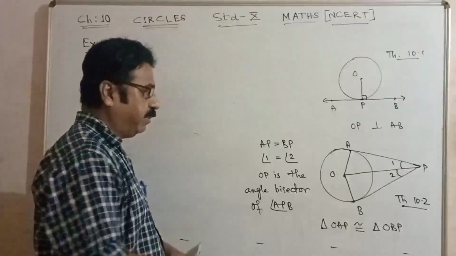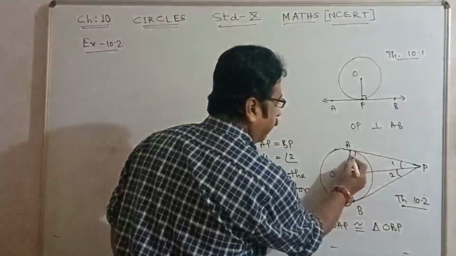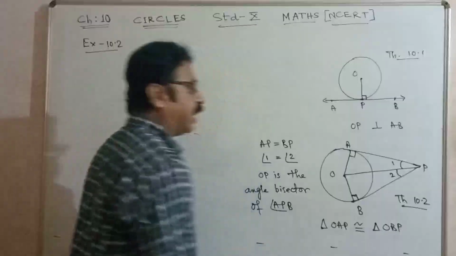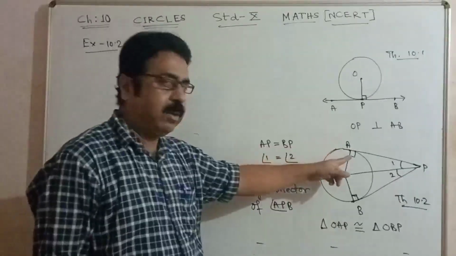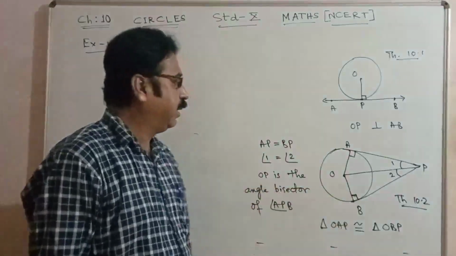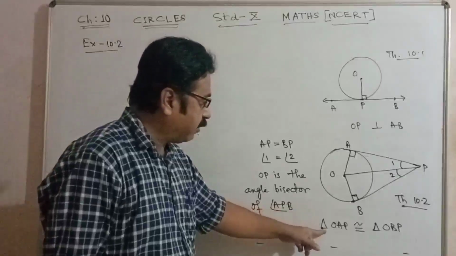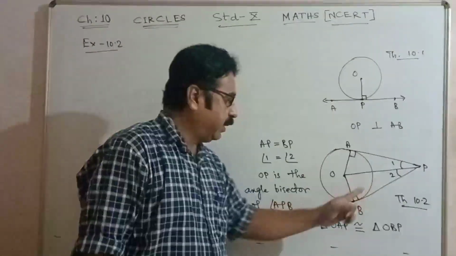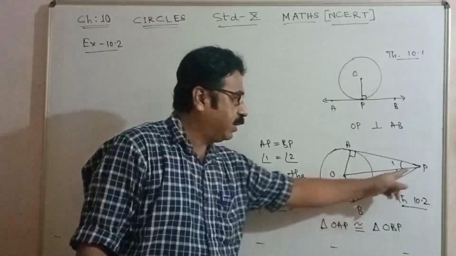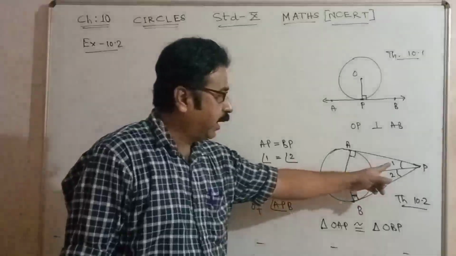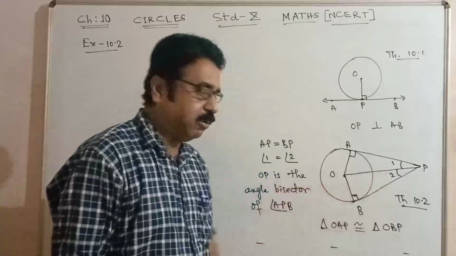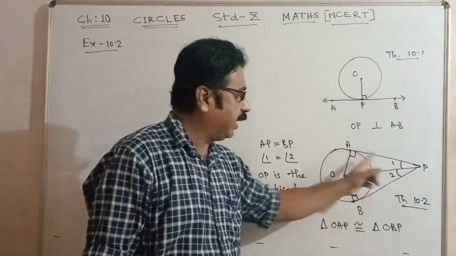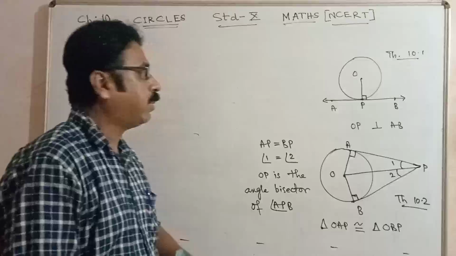These are the right angles obviously, because according to theorem 10.1, this will be 90 degrees, this will be 90 degrees. After congruency, the length of this tangent AP is equal to the length of this tangent BP. Also, angle 1 is equal to angle 2. That means OP is the angle bisector of angle APB.